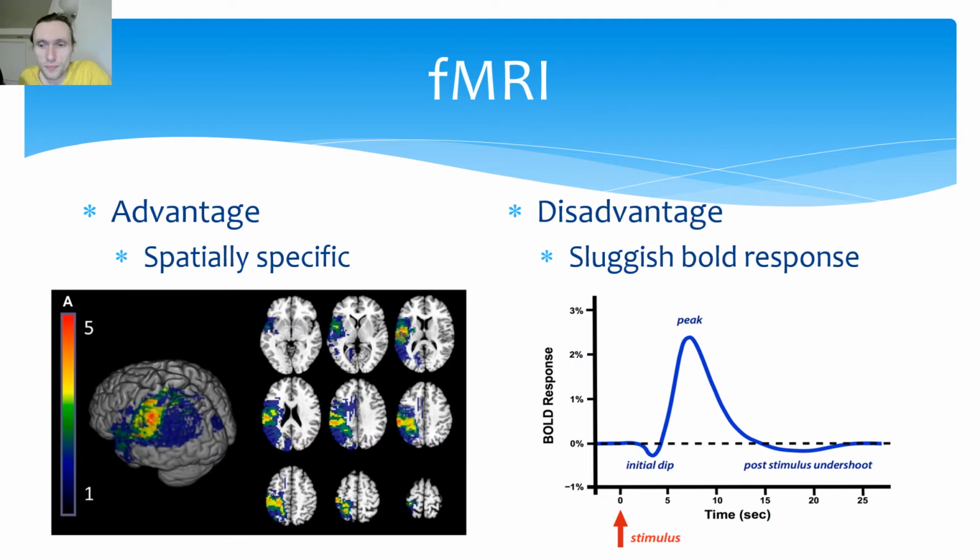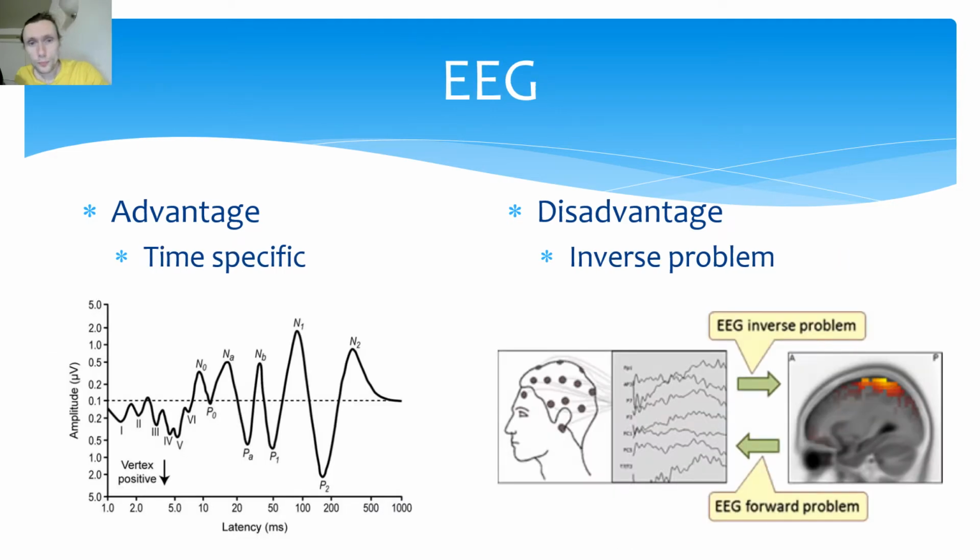which is not very nice if you're giving a task where different processes in the brain happen within a few hundreds of milliseconds. And so that's why you would want to combine this with a method that is temporally very precise, such as EEG, because the advantage of EEG is that you're measuring electrical signals on the scalp that come from the brain, and you can measure them basically at a millisecond precision.